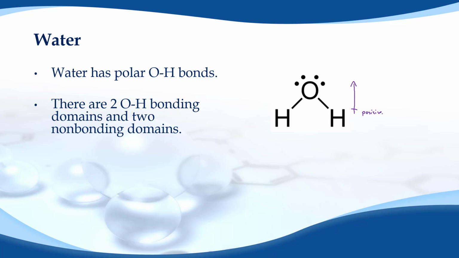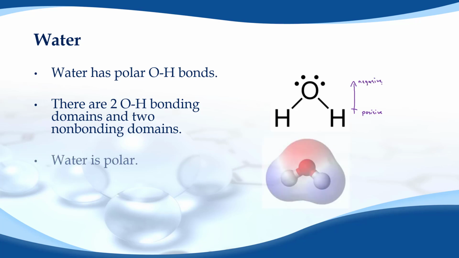So that means that the oxygen half of the molecule on top is negative, outlined in red. And the hydrogen half of the molecule is positive, which makes it blue. Top half red, bottom half blue. That is a distribution in charge. That is polar.